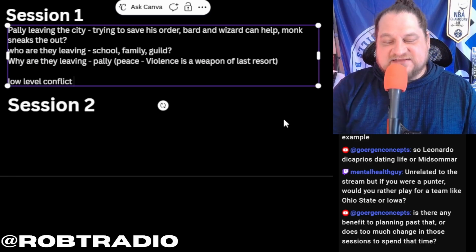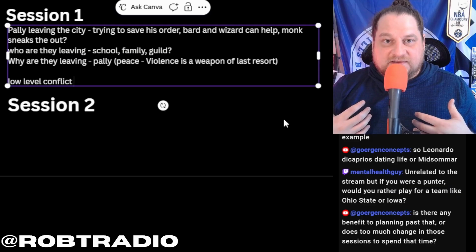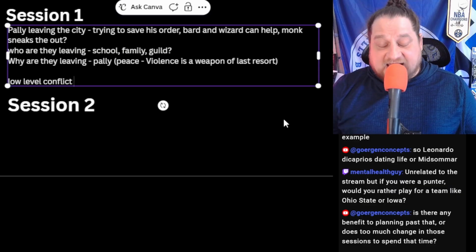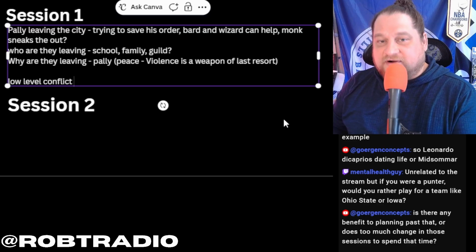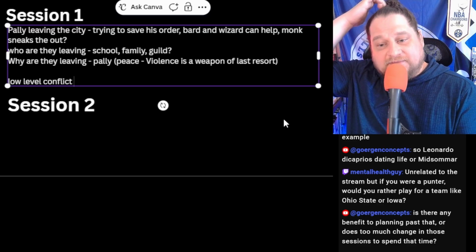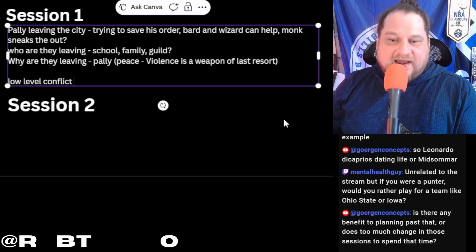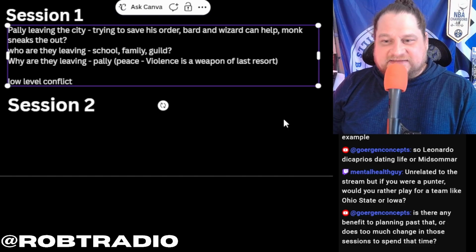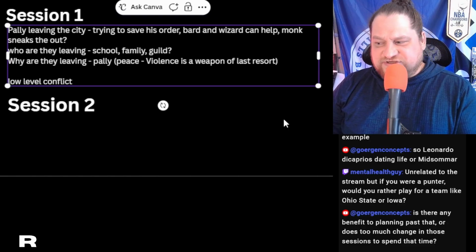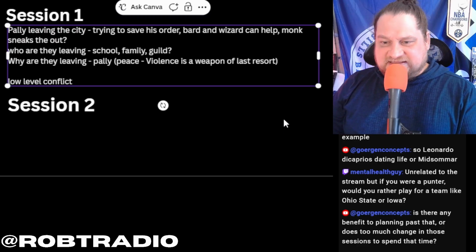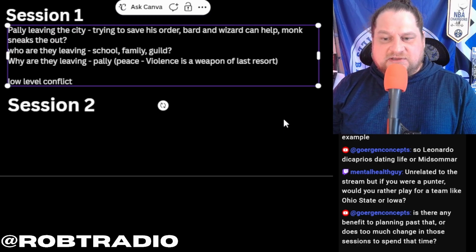But if these guys all have subclasses already, if it's 5.5, you know they're all at level 3. If it's 5e, they may not all be at level 3, but they're at least not at level 1. Wizards get their subclass at 2. Paladins, I think, get their subclass at 2.